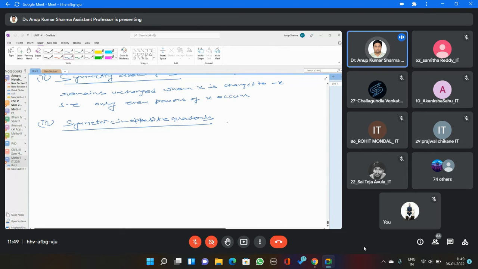Symmetric in opposite quadrants: how do we check this?